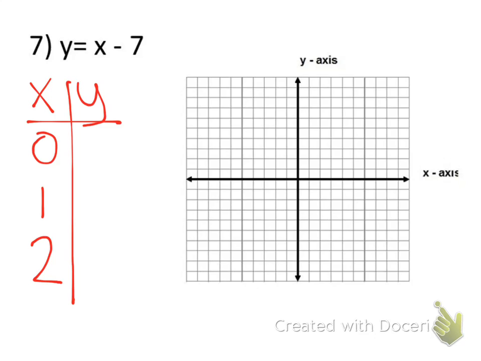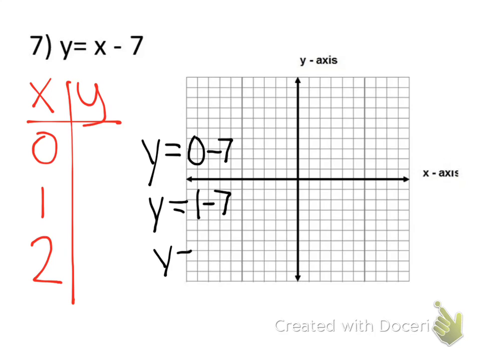How do you find the y's? Do we have any multiplication here? No. Technically you're multiplying by a 1, but that's just kind of wasting your time. Don't worry about that. What am I actually doing to the numbers? Subtracting the 7. So I need to do 0 minus 7. I need to do 1 minus 7.